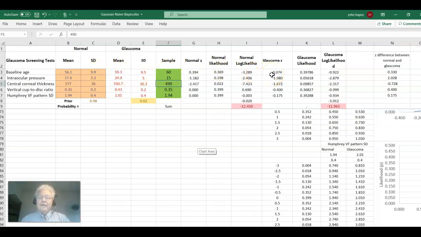The Z-score for glaucoma is the sample 60 minus the glaucoma mean 59.3 divided by 9.5, which gives you a Z-score of 0.074. The closer this number is to 0, the closer you are to having glaucoma. The closer this number is to 0, the closer you are to being normal.